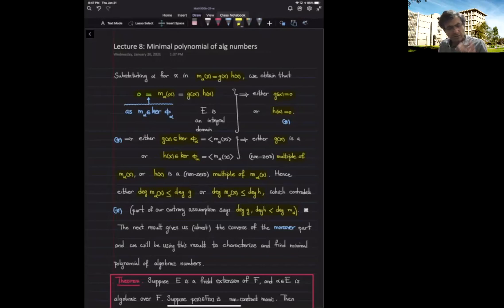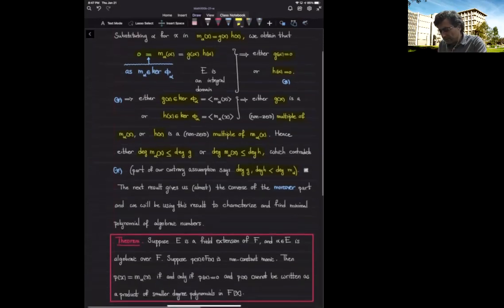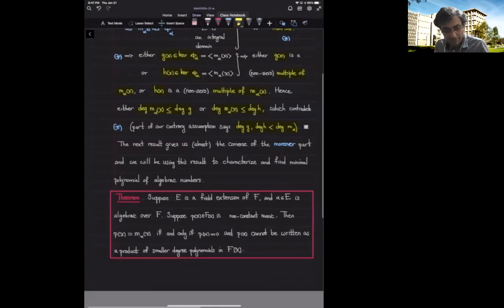Okay, so let's formulate and prove the converse of this moreover part. So again, the assumption is that we are given a field extension, and we are given an algebraic number alpha over F. Now we want to formulate the converse. What does that mean?